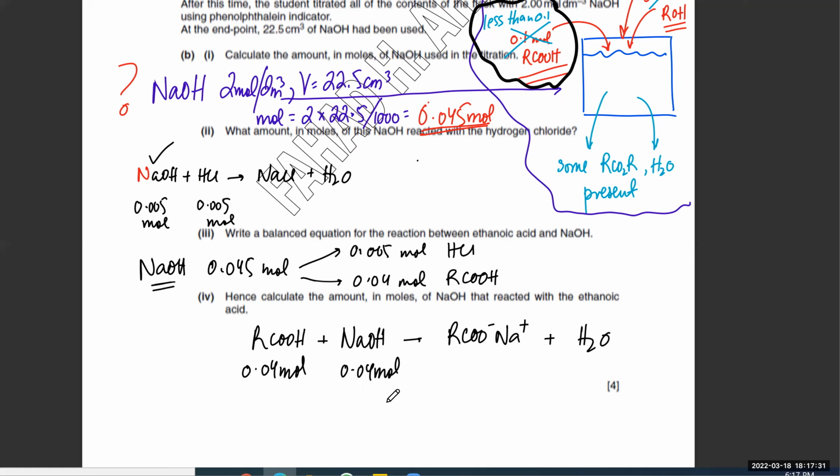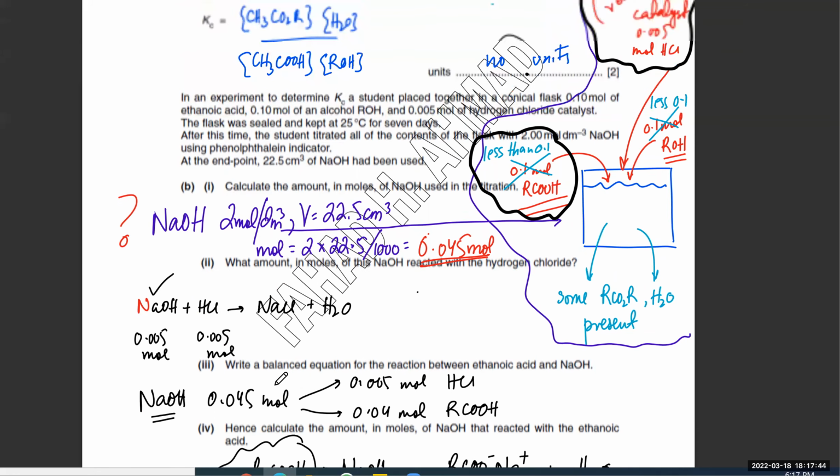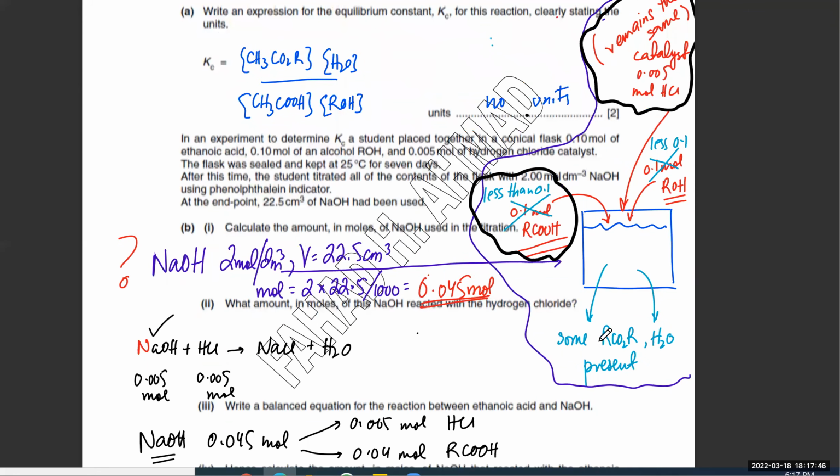So finally you figured out by doing this titration, the main purpose was after 7 days, you figured out what is the amount of ethanoic acid that's present. That's 0.04 moles. जो mixture after 7 days था ना, which you titrated with NaOH. शुरू में कितना डाला था? शुरू में you added 0.1 moles of carboxylic acid, right?